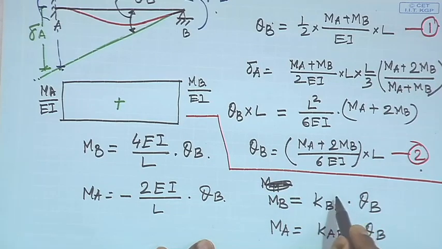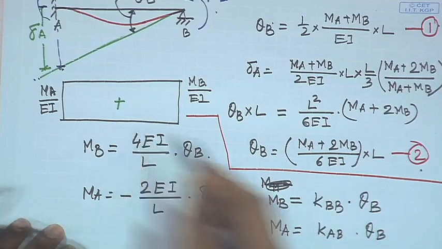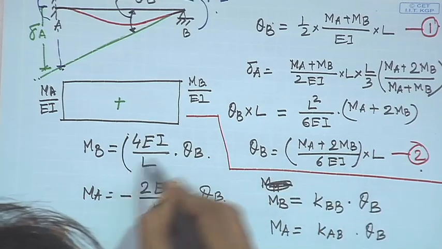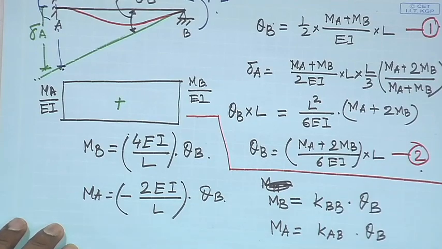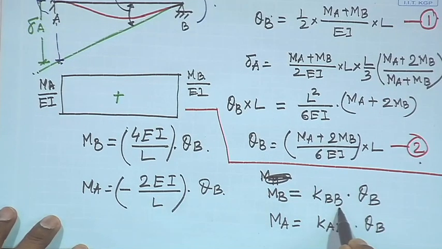Okay. What is KBB? KBB is this and KAB is this. So, KBB and KAB are the stiffness coefficients.